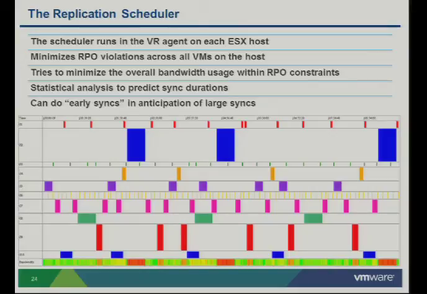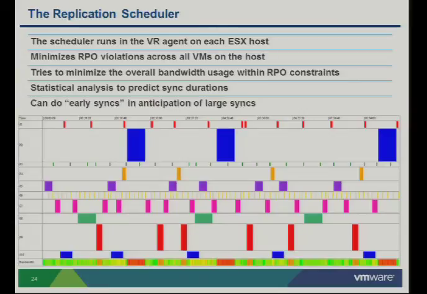If vMotion takes a significant amount of time, most likely once you vMotion the VM to the other host, the RPO is going to be either close to being violated or maybe already violated. In which case, the scheduler will notice that, and it will recalculate the schedule for that particular host with all the existing VMs on that host, and will add the new VM, and it may result in an almost immediate sync after vMotion is complete.